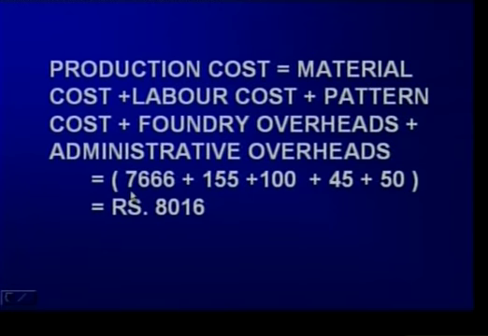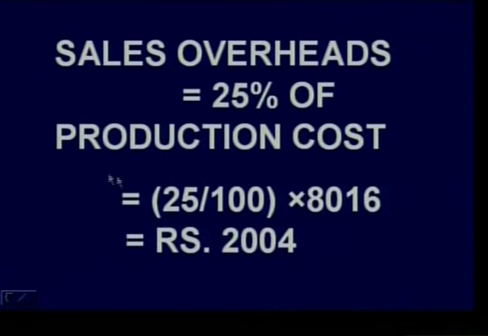Now, material cost is 7,666, labor cost is 155 and pattern cost is 100, foundry overhead charges are 45, administrative overhead charges are 50. By adding all these items, the value becomes 8,016 rupees.